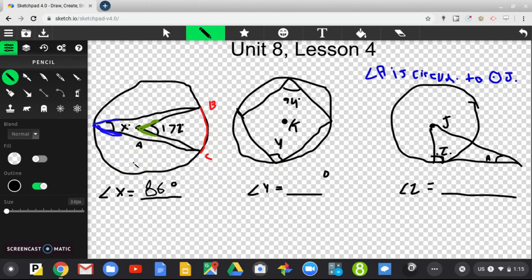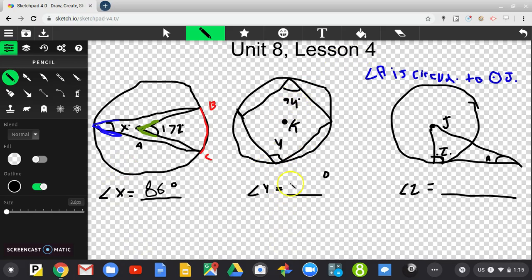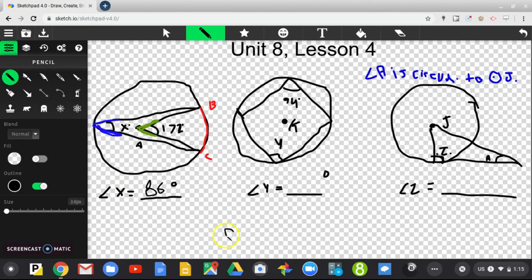Well, another rule is that opposite angles in quadrilaterals are supplementary. And anyways, all the angles add up to 360 degrees, but we're not given any other ones. So if they add up to 180 degrees, then we know that 94 plus Y equals 180.